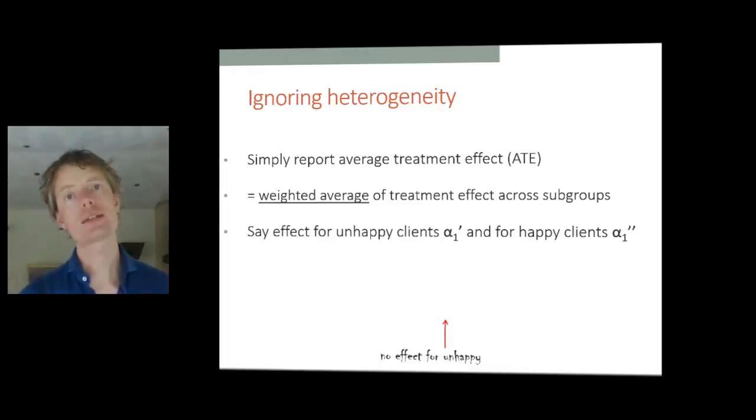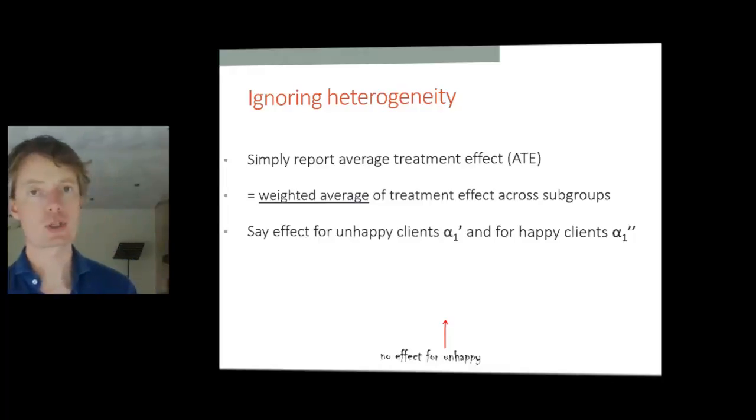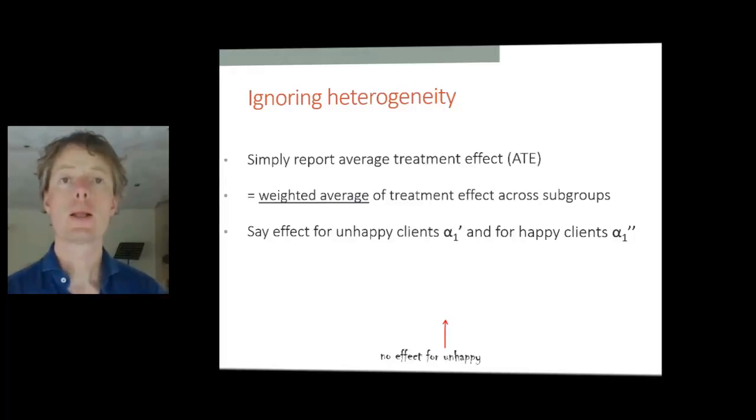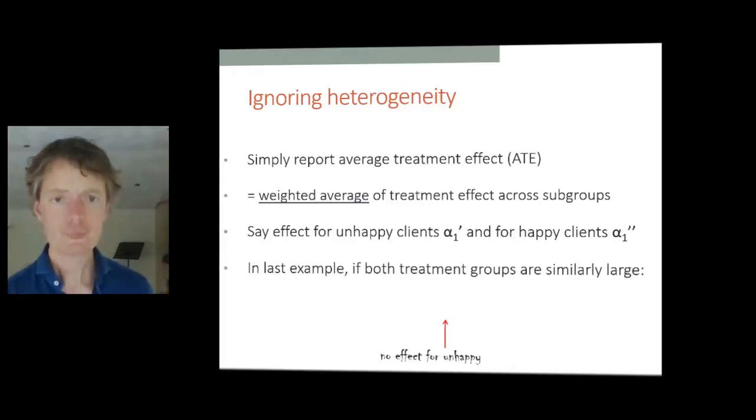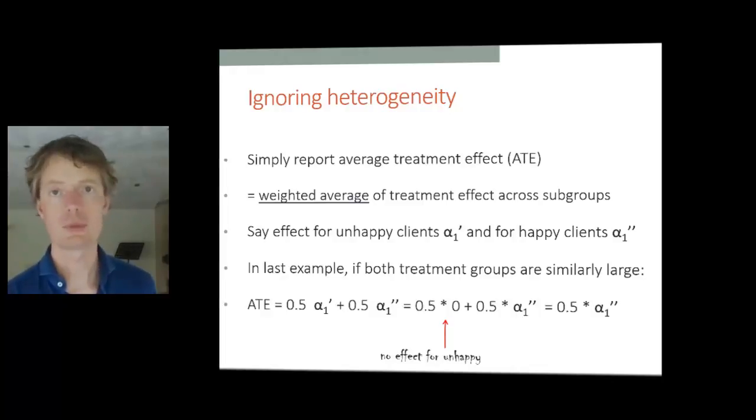And so if we look at our example of our treatment for job seekers, and let's say that the effect for the not so happy job seekers is alpha 1 prime and the effect for the happy job seekers is alpha 1 double prime. And let's assume that both groups are similarly large, which makes sense if you do a randomized control trial.